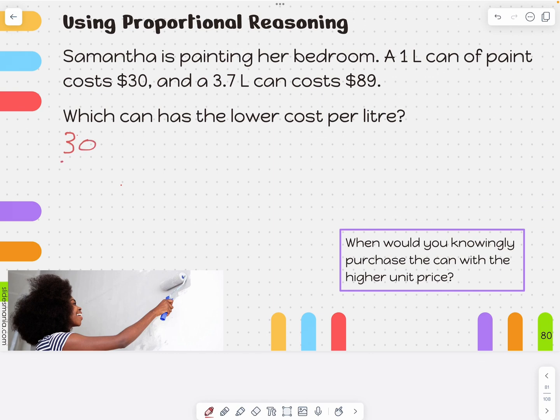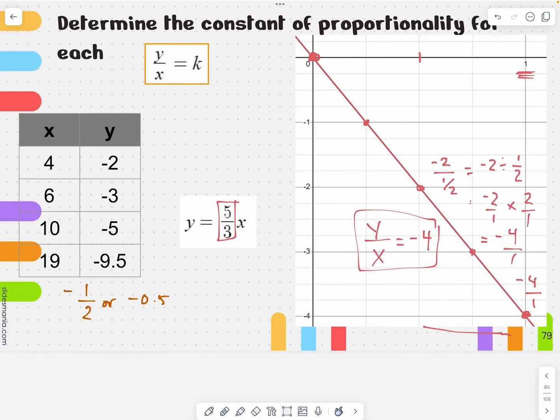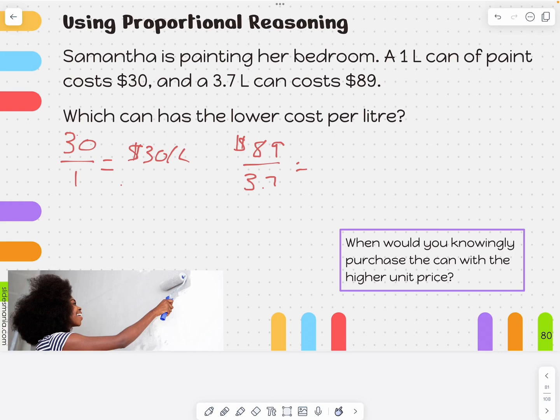Can, it's $30 for 1 liter. That's $30 per liter. The second can is a lot more money. It's $89, but I get 3.7 liters. What is $89 divided by 3.7?